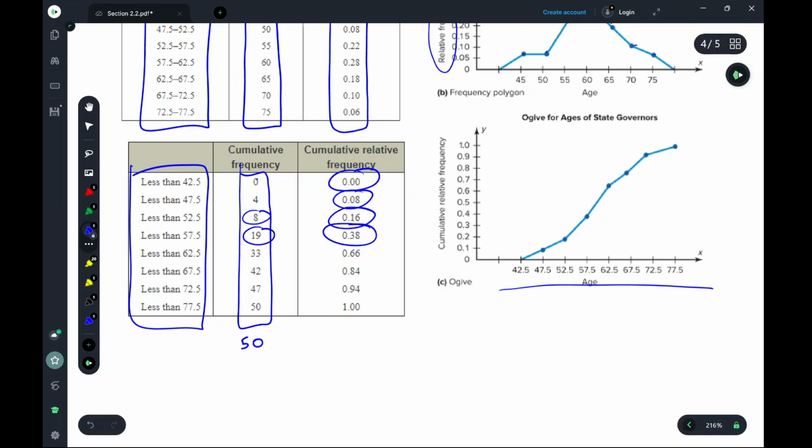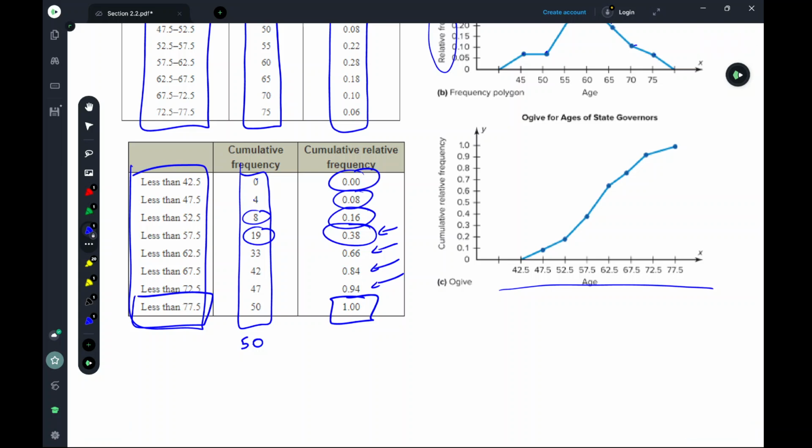That's 38%. And this is the way it should always work when doing relative frequencies with an ogive: the last value should always be 1, which represents 100%. Because at that point, all of your data is less than that last value that you use. So we're plotting cumulative relative frequencies at the associated boundaries for the ogive.